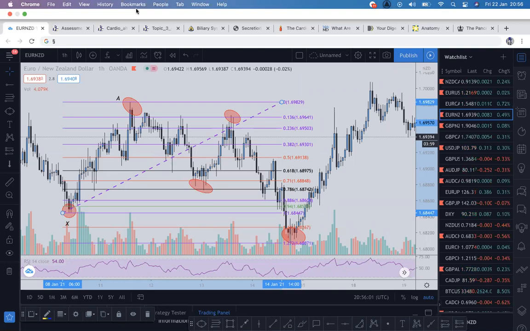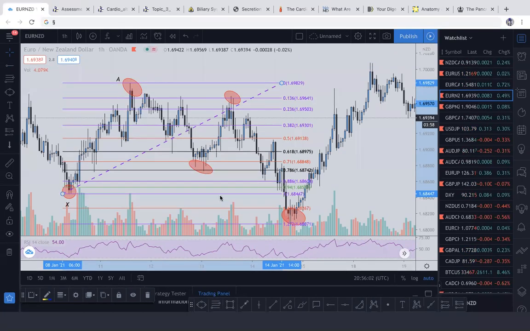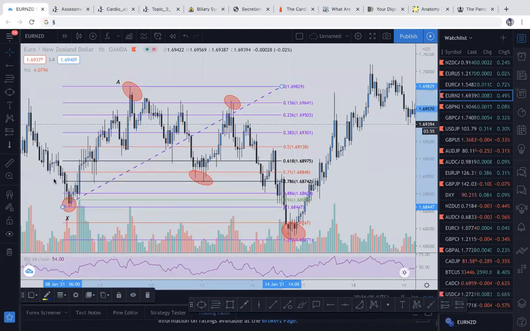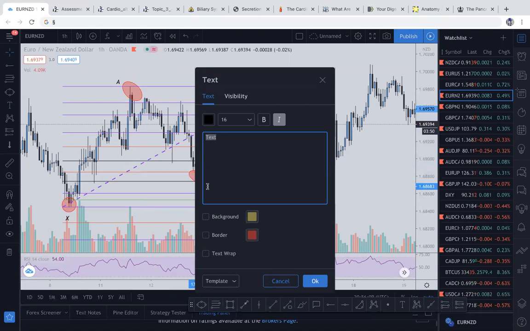So in that sense, if we do have 78.6, then I can pull this area as my B leg.